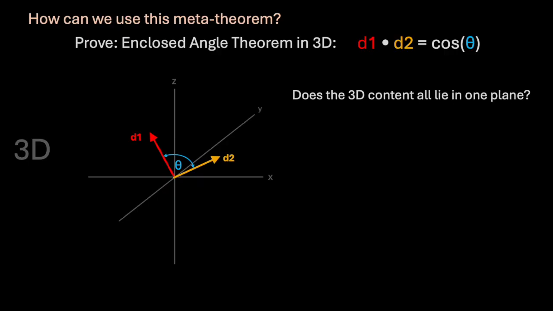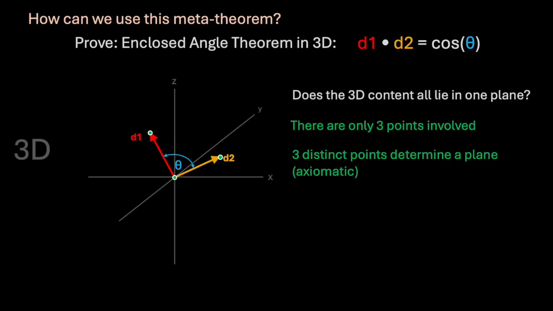And we just simply ask if all the 3D content of this theorem lies in one plane. And we can see there are only 3 points involved. So there's the origin, there's the tip of D1 and the tip of D2. And the vectors connecting them lie in that same plane.